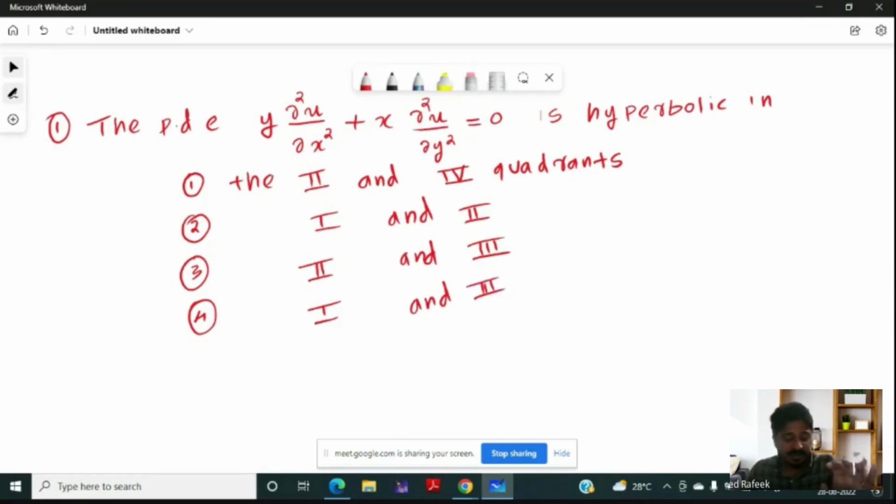I think you know about the second order semi-linear PDE, when we can call it hyperbolic, parabolic, and elliptic. In almost every paper we can see such types of questions. Anyway, I will give you a short note on this.